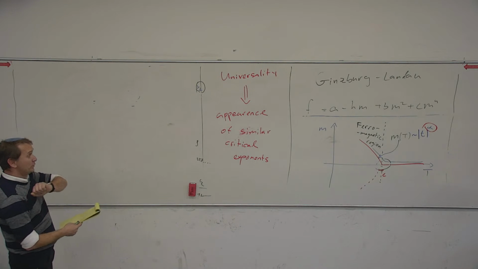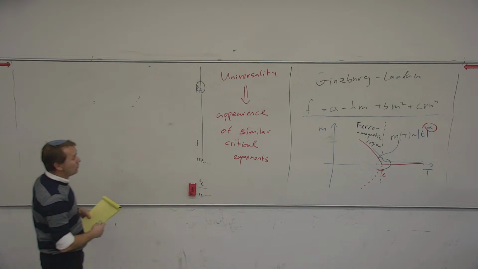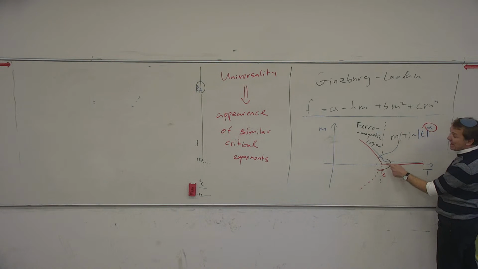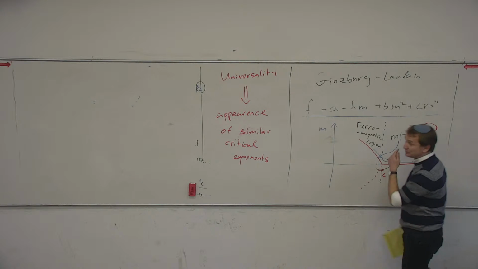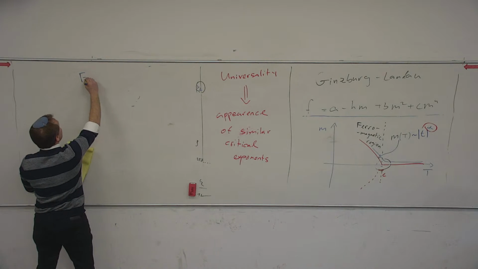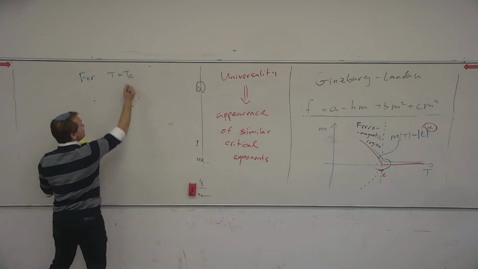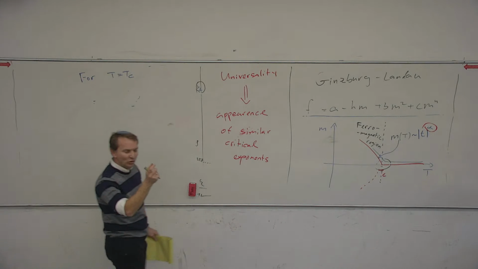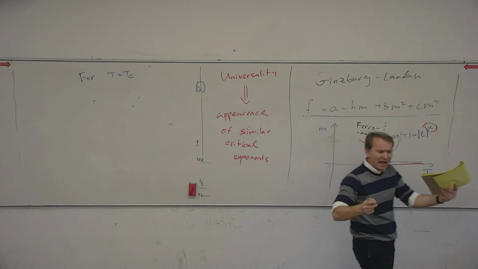Okay, so to your question, how M behaves with H when the temperature is exactly Tc. So for T equals Tc, I set my system to the critical temperature. What knobs does an experimentalist have for the system?